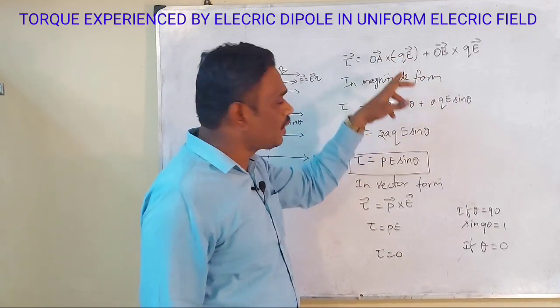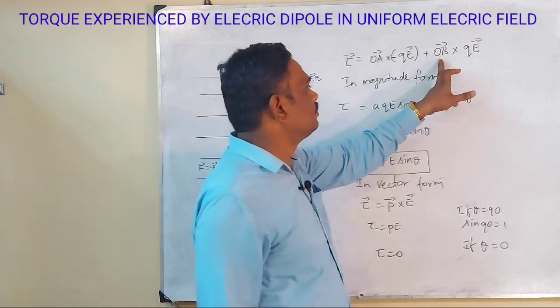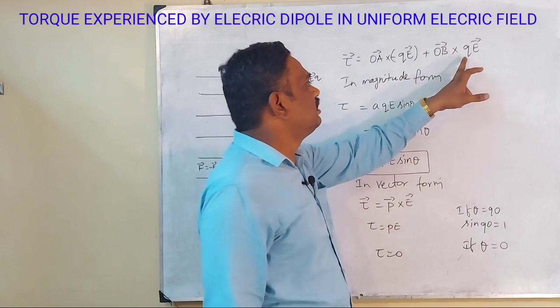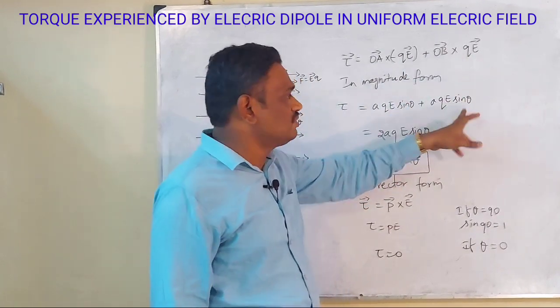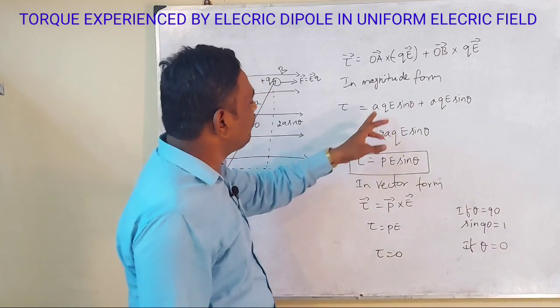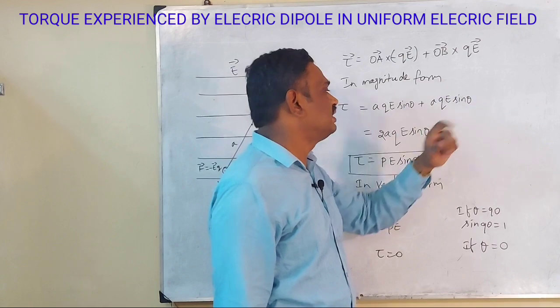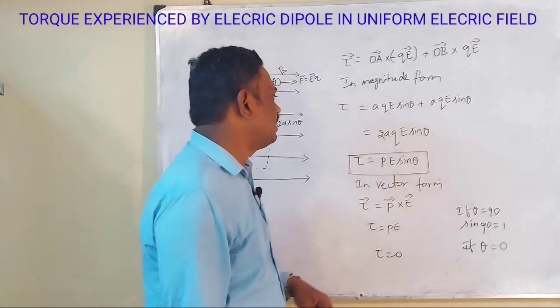If you remove the cross product, then we have to use sin theta. Similarly here also, OB is nothing but a and qE, and if you remove the cross product we have to use sin theta. Here we have aqE sin theta, aqE sin theta. When you add these two, you will get 2aqE sin theta.